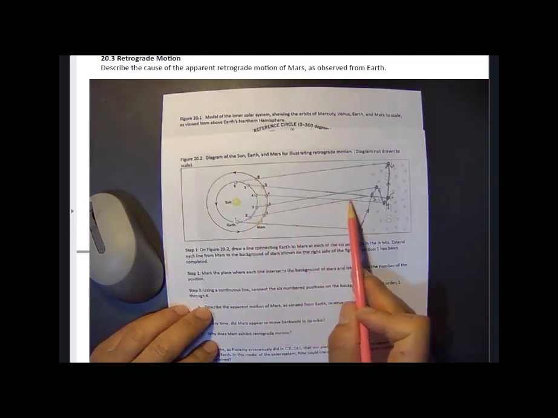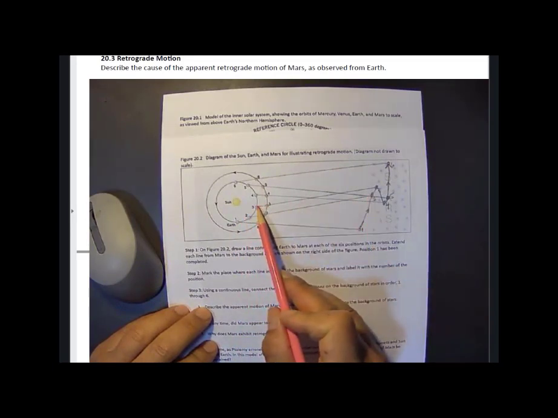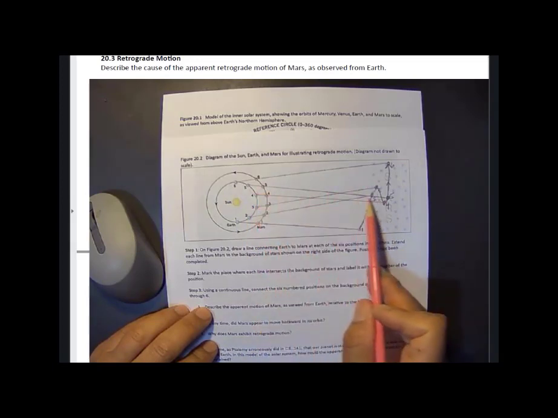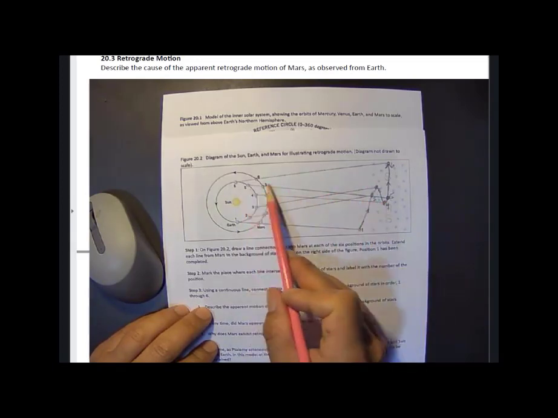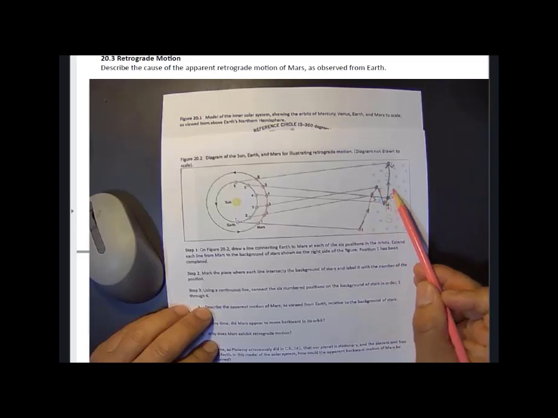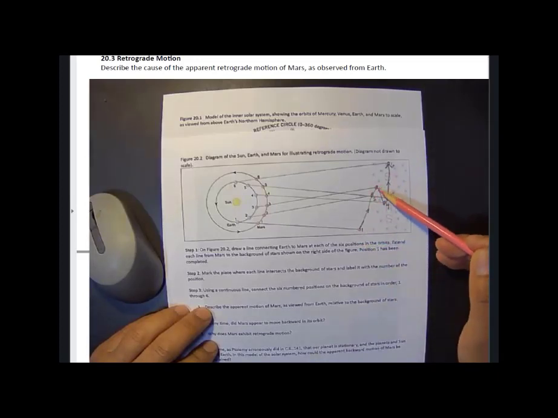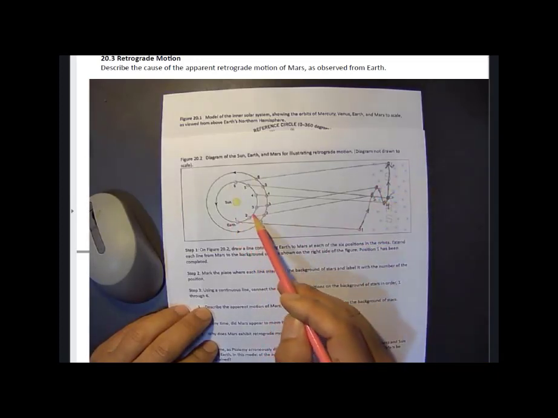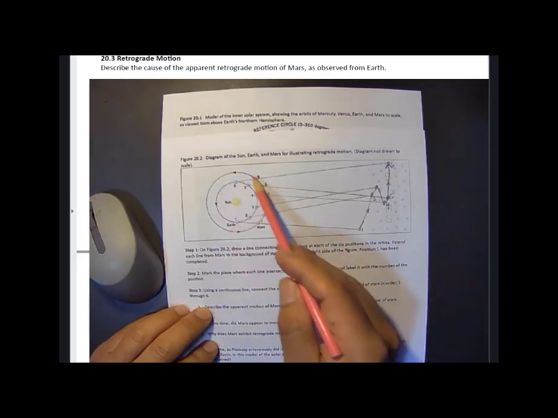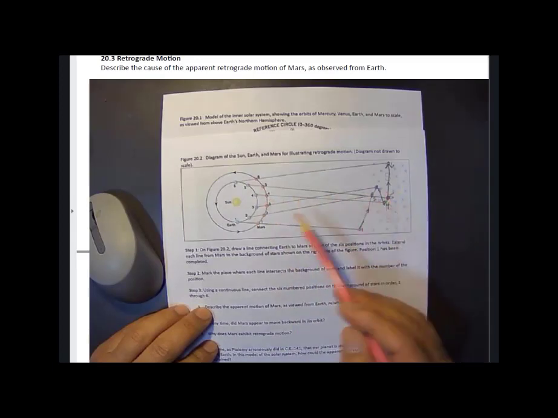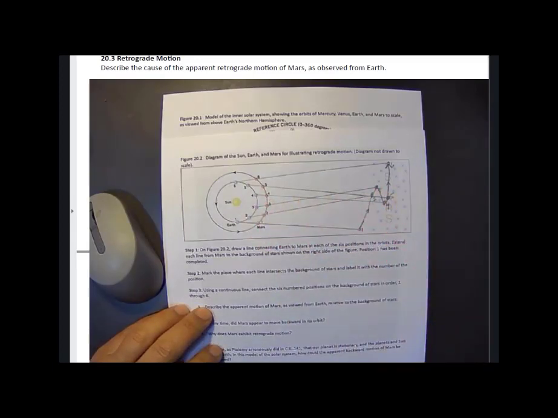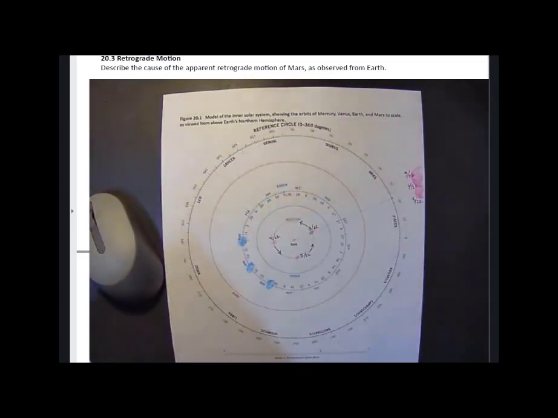But then you do line 2, you draw point number 2 up here, line 3, line 4, line 5, and then line 6, and then you connect these dots, right? And it shows that retrograde motion, because really your Earth is passing Mars as we're both orbiting counterclockwise around the sun. So you want to show something like that on your figure there.